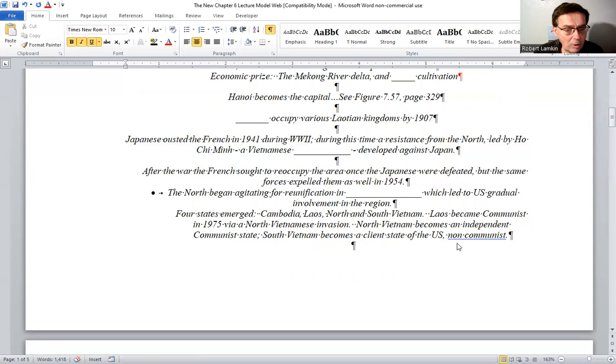But by the same forces, they were expelled as well by Ho Chi Minh's forces in 1954. So the North began agitating for reunification in South Vietnam, which led to the U.S.'s gradual involvement in the region, because Ho Chi Minh was a Marxist.